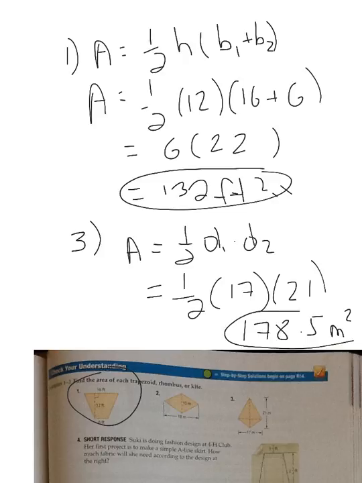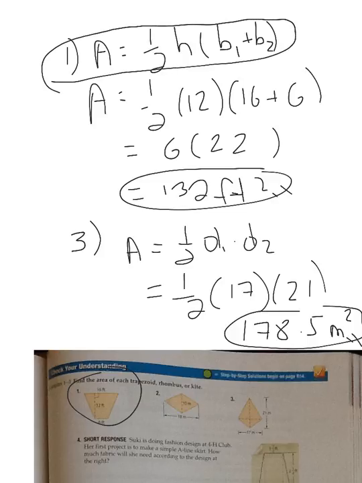Please remember, we are talking about area. Look at the two formulas. Area of a trapezoid is 1/2 h times the sum of the two bases. Area of a kite is 1/2 the product of the two diagonals.